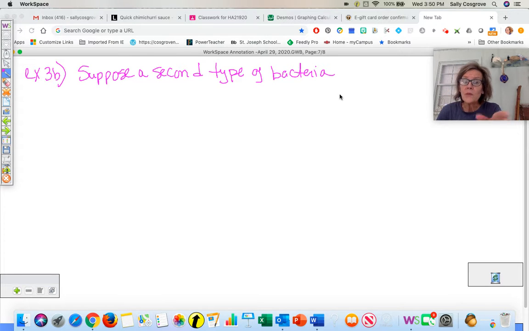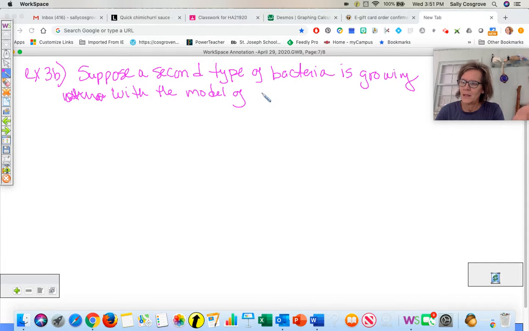So suppose a second type of bacteria is growing, let's say not at, with the model of, and let's say y equals 50 times e to the 0.0432 t.